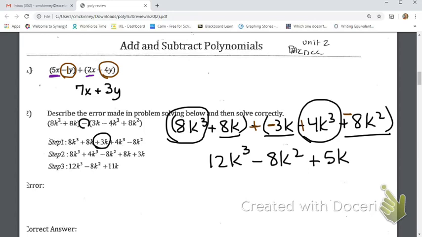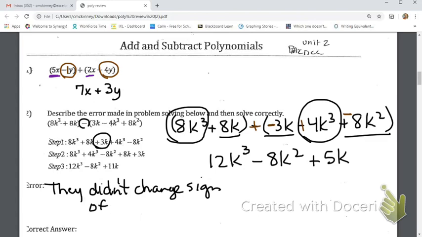So then the mistake would be they didn't change the sign on the 3k. And then the correct answer, of course, I've already done.